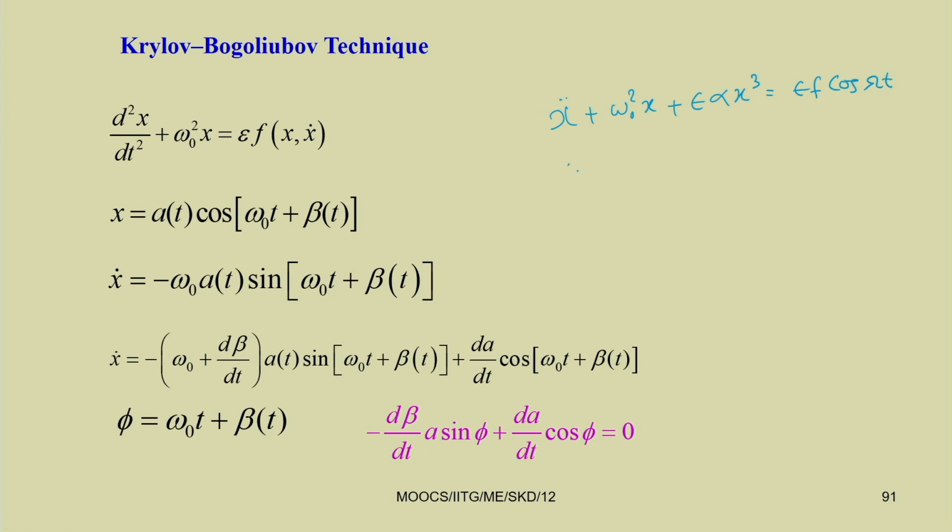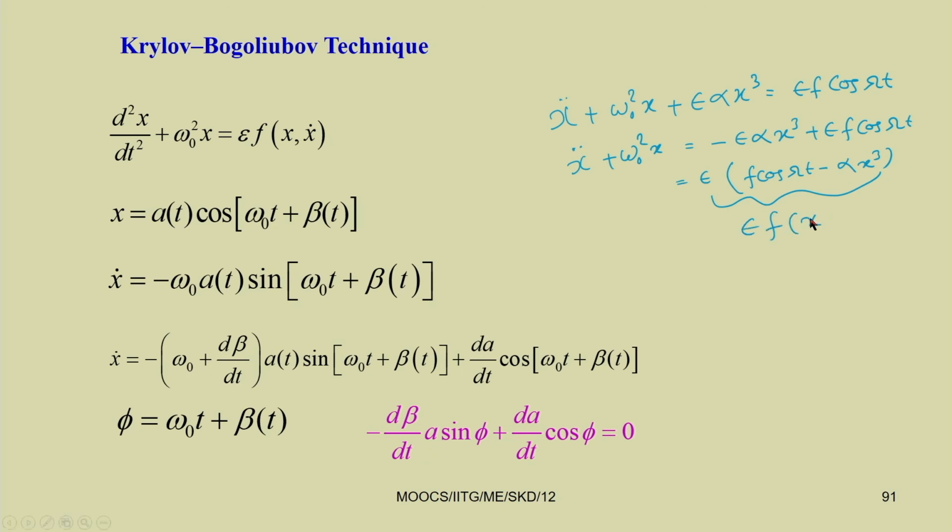Here this equation is written as x double dot plus omega 0 square x equal to minus epsilon alpha x cube plus epsilon f cos omega t. By taking epsilon common, we can write this equal to epsilon (f cos omega t minus alpha x cube), so this whole term can be written as epsilon f(x, x dot).